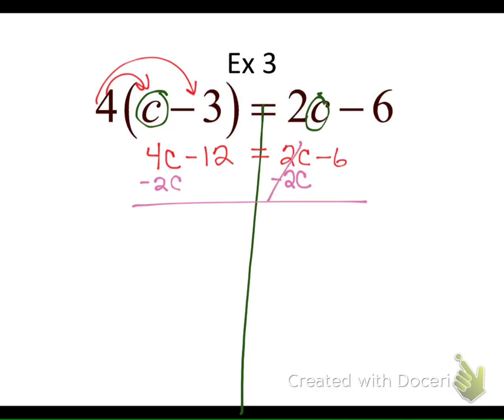So Deja's saying on my left side, 4C minus 2C is 2C. What else do I bring down? And then on my right side, what do I bring down? Negative 6. Danielle, what's the last step according to my notes?